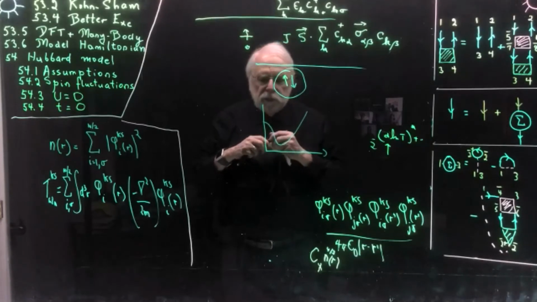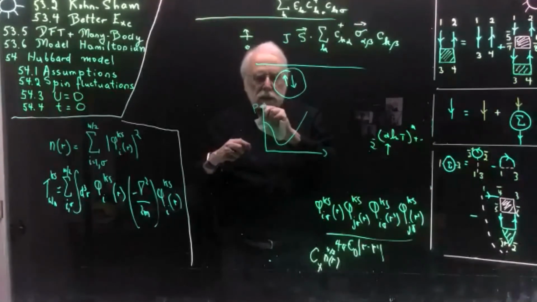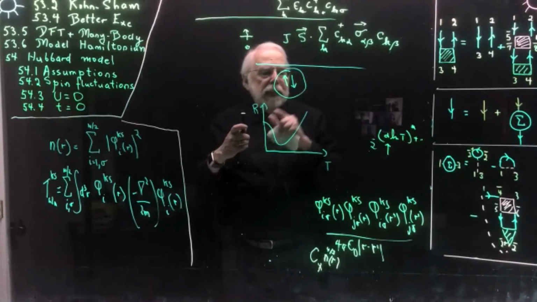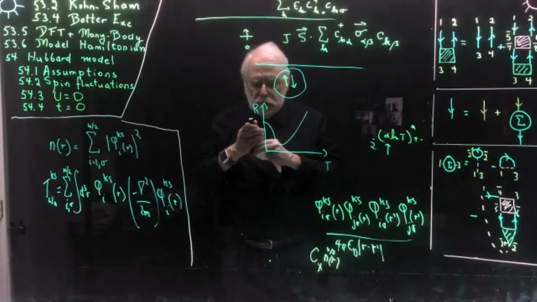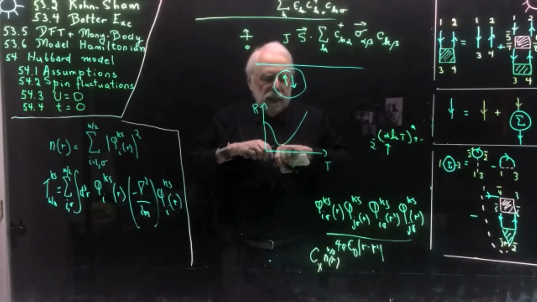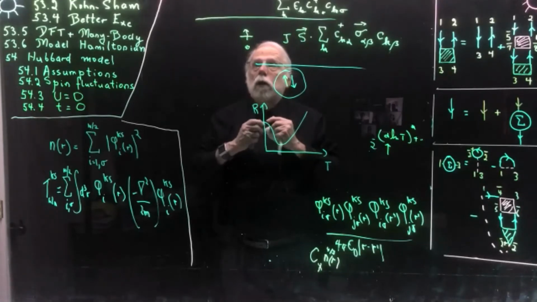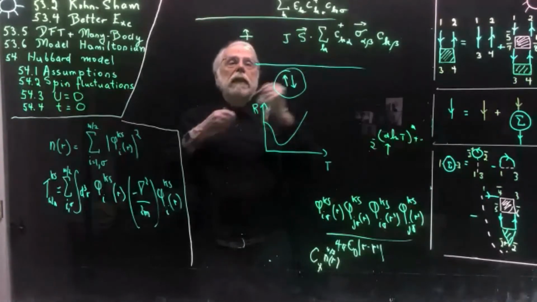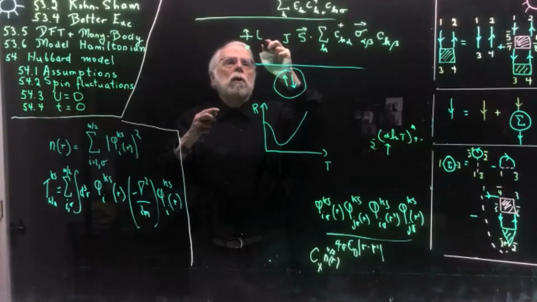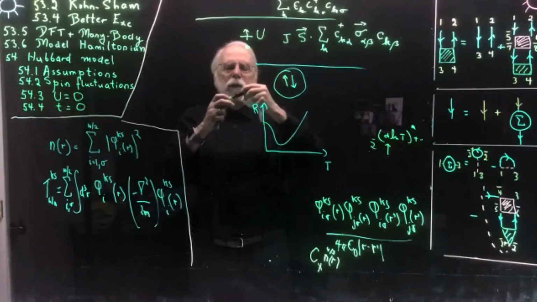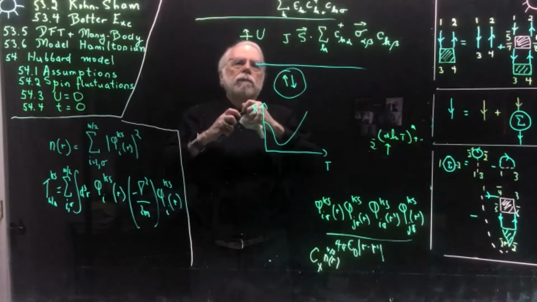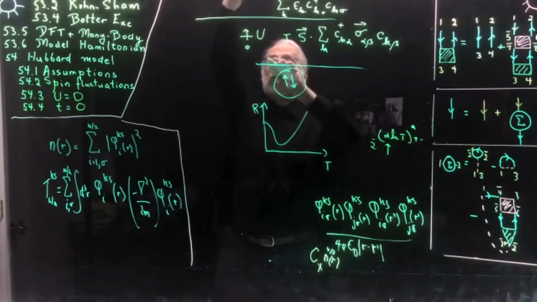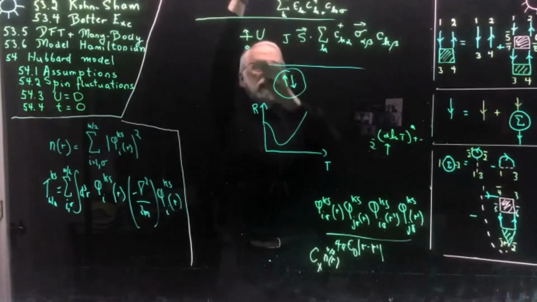And so this is resistance as a function of temperature. When you have this saturation, it is because you have formed this Kondo singlet. Now you can see it also, instead of having a J here, you can just say that there's a cost U for double occupancy. So if U is large enough, you get to this, because then there can be only a single spin there. And then it's called the Anderson model.